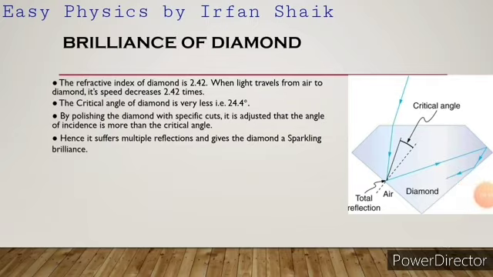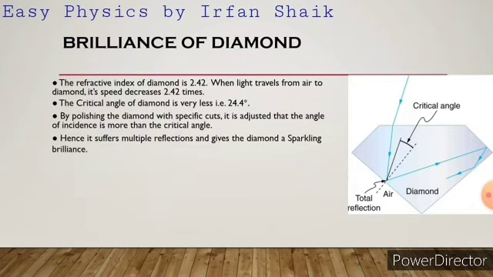When light travels from air to diamond, its speed decreases 2.42 times. The critical angle of diamond is very less, that is 24.4 degrees only.